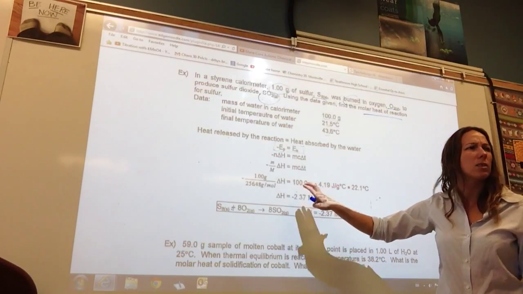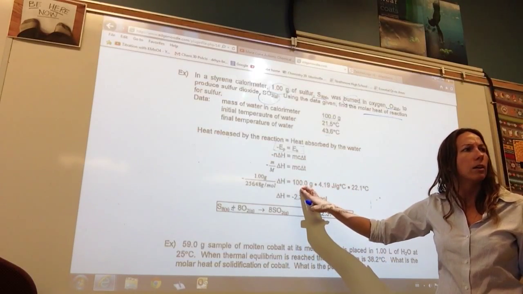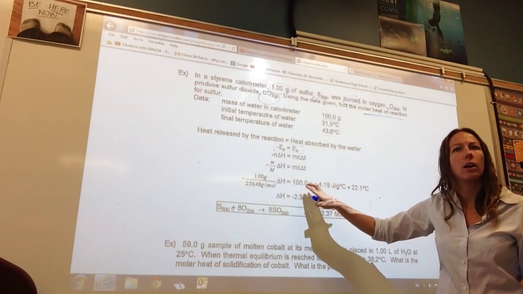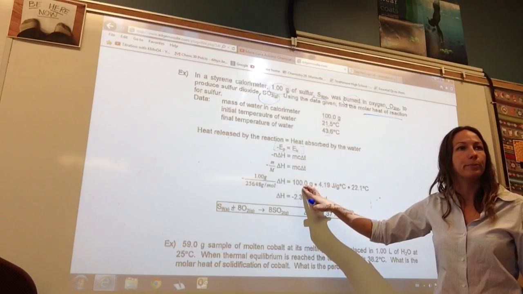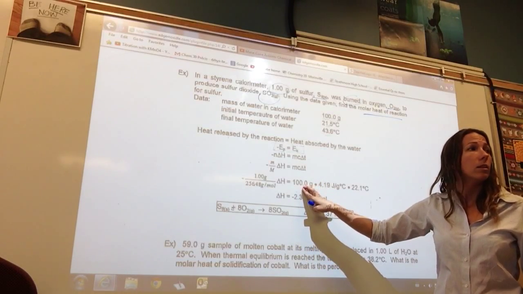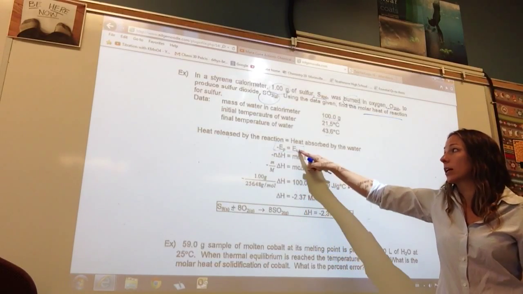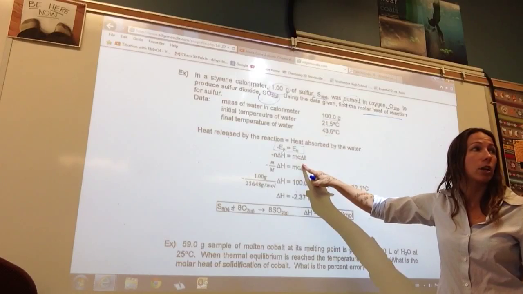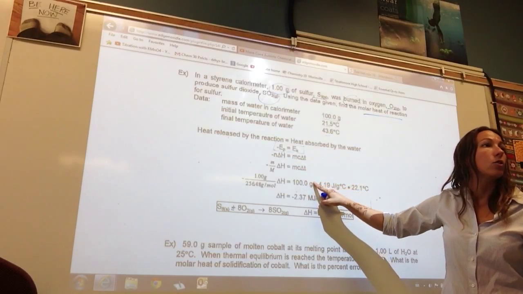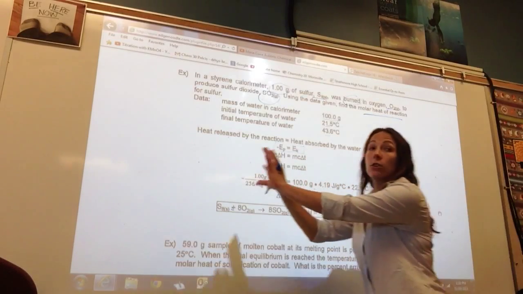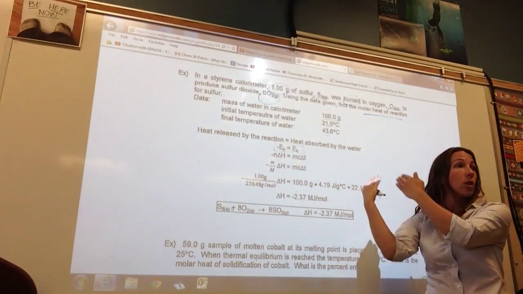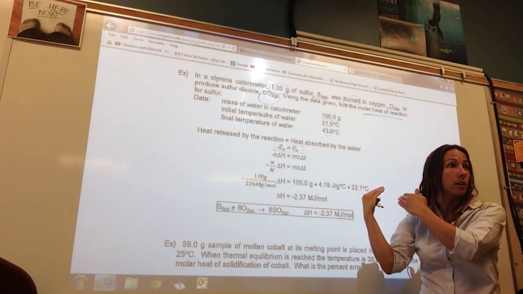Why do I use the mass of water here and not the mass of the sulfur? Is the sulfur undergoing a kinetic change, a physical change? Right. So the sulfur is on the reaction side, the water is on the kinetic side. Do you see that?